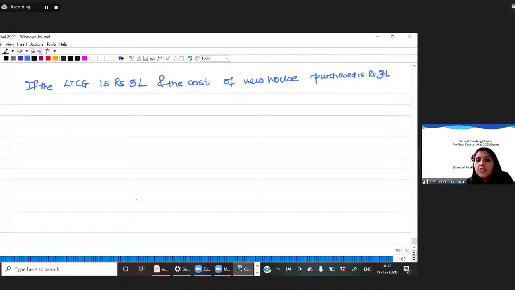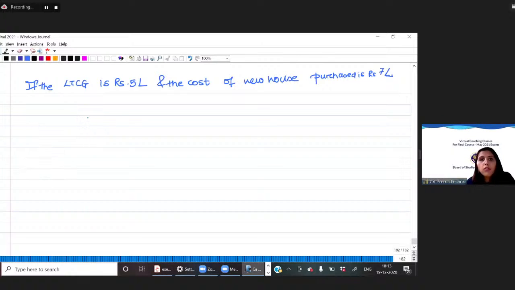Now, if say for example, this asset is transferred within 3 years from the date of acquisition, then how will you compute the capital gain? So in that very case, considering this 7 lakhs only, say you transfer it for 10 lakhs.